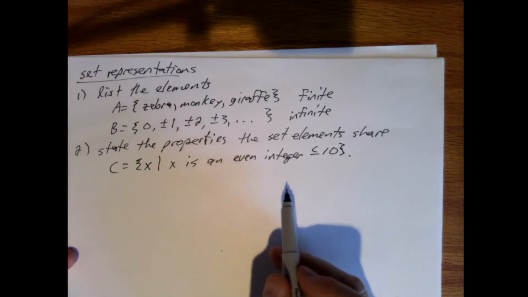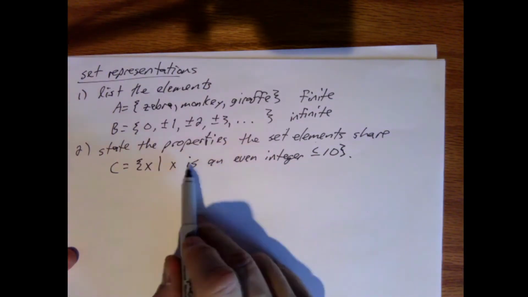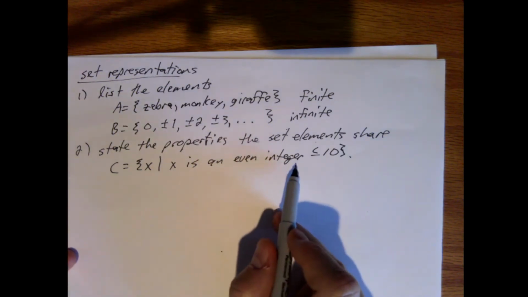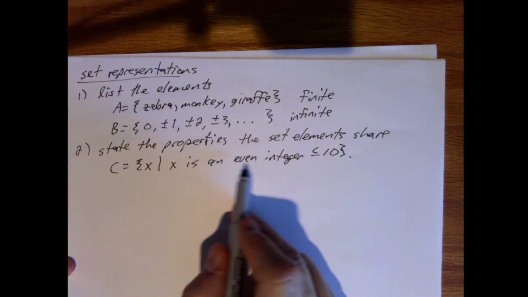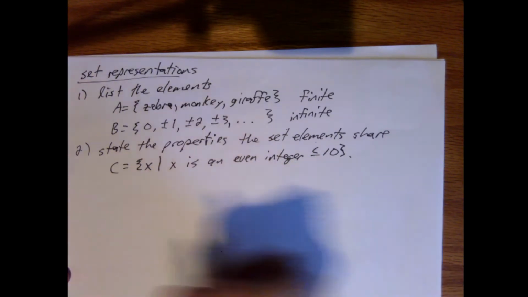Right? So 6 would be in this set, 0 would be in this set, -4 would be in the set because they're all even integers. I didn't say they have to be positive. And negative integers can be even or odd.